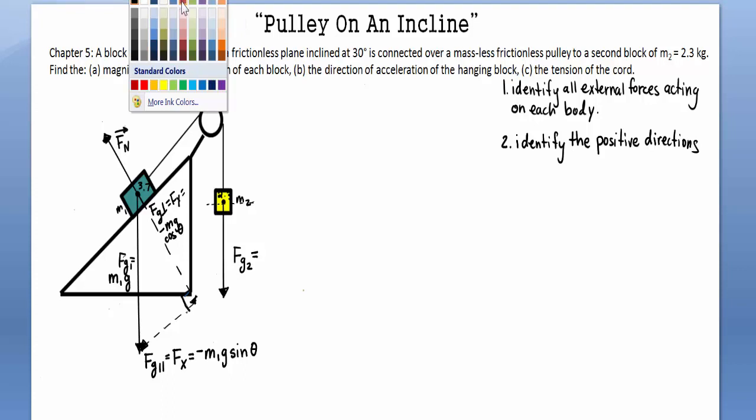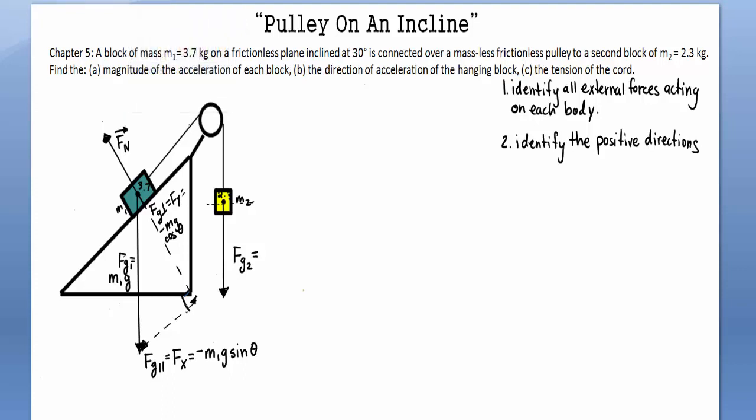Now, I said that to say, since we have a rope or cable involved, I'm going to go ahead and draw in my force tensions. I'm going to call that FT1, and that's going to be FT2.